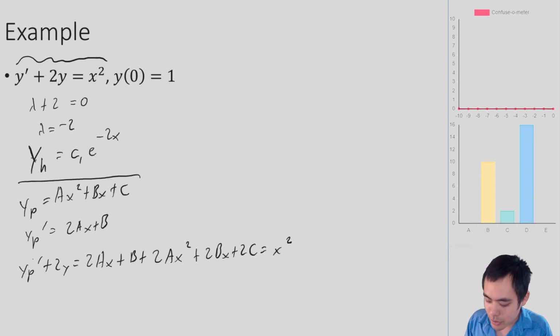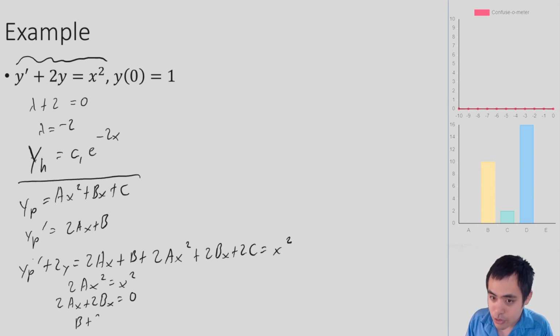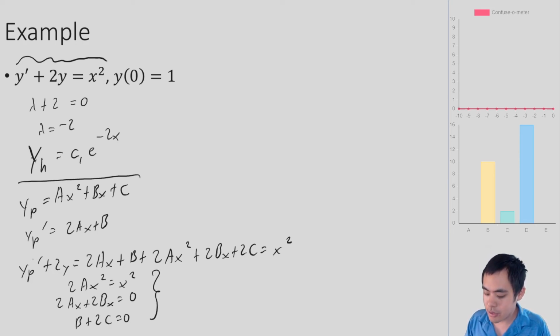And that leaves us with 2ax squared is equal to x squared, 2ax plus 2bx is equal to 0, and b plus 2c is equal to 0, by just equating the right and left-hand sides with the terms. When you solve these, you end up getting 2a is equal to 1, a plus b is equal to 0, and b plus 2c is equal to 0.